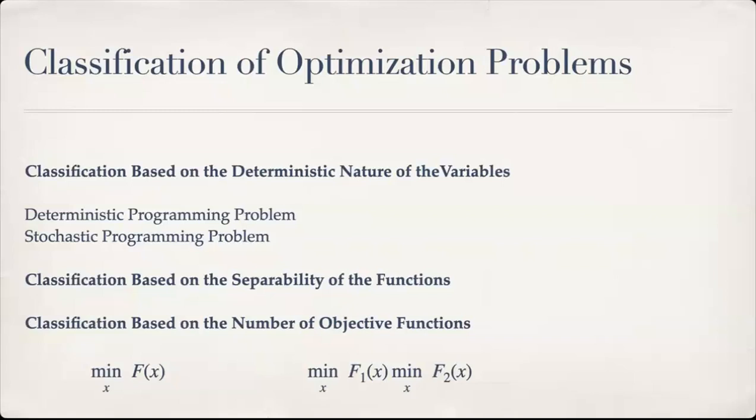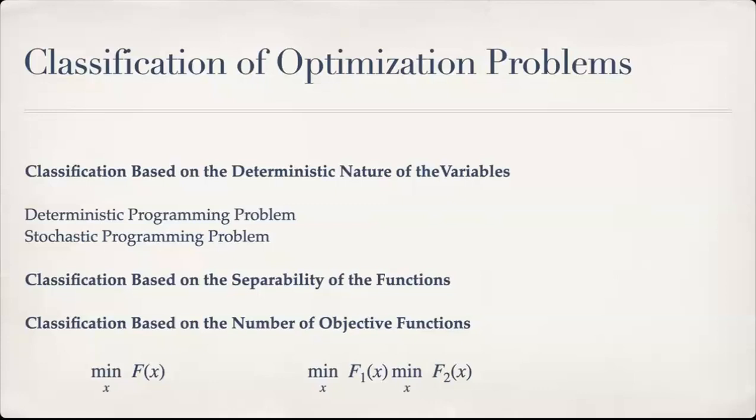The problem becomes a stochastic programming problem, okay? For example, if you want to minimize the cost of your crude oil distillation, but you know that the oil price fluctuates, you can formulate such a problem by taking into account the variability of the oil price. Yeah, and it becomes a stochastic programming problem.